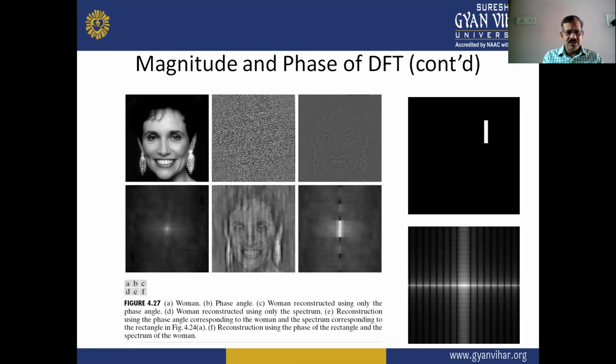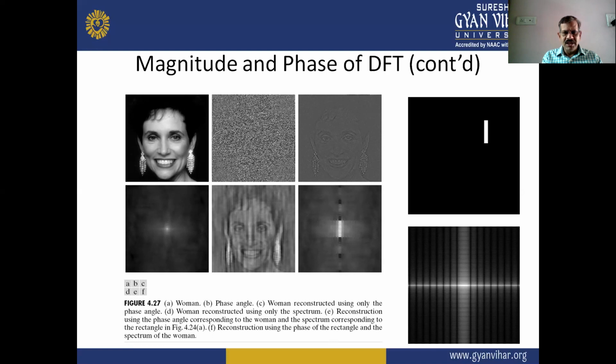In this figure, A is a picture, and B is its phase angle. Picture C is reconstructed using only the phase angle, and picture D is reconstructed using only the spectrum.